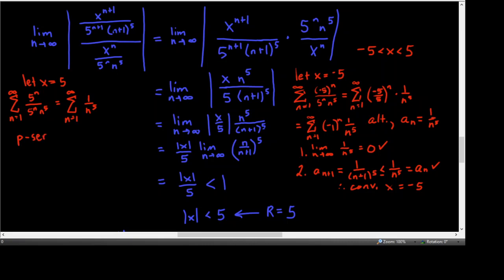Yes, you really need to know all of your tests for convergence and divergence of series, because this is where you're going to get to use them all again. So please be aware that you do need to keep those in your head.